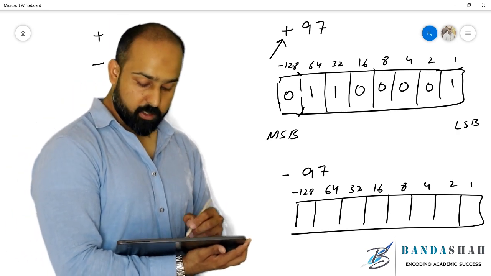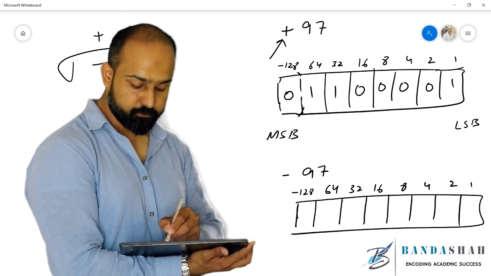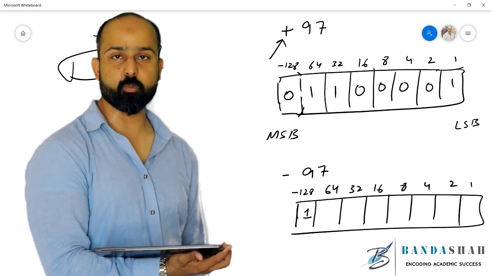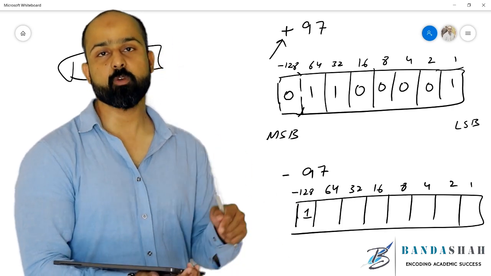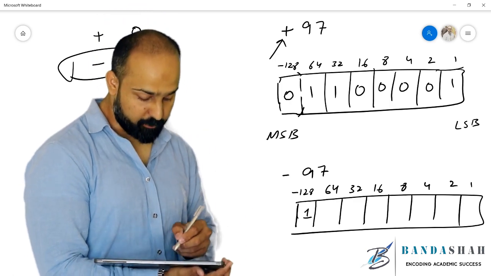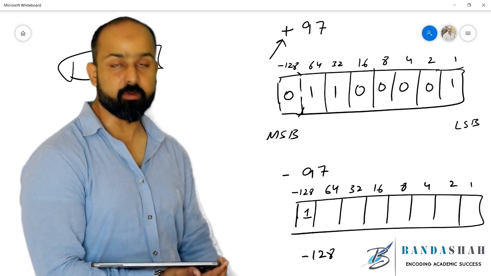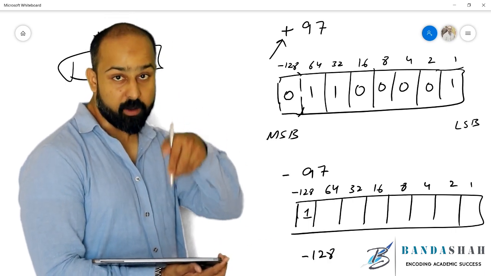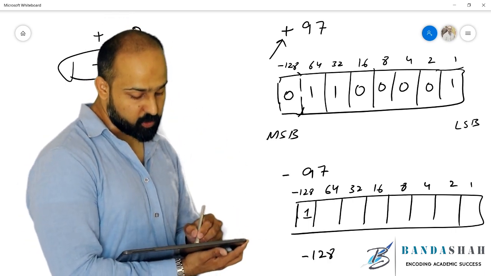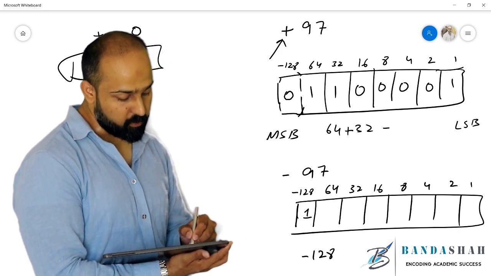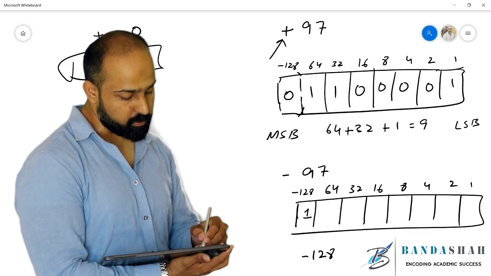And we know that for a negative sign in MSB, we need to put 1 here. If we put 1 here, the number we will have is minus 128, because above you have noticed that 64 adding with 32 adding with 1 is 97.